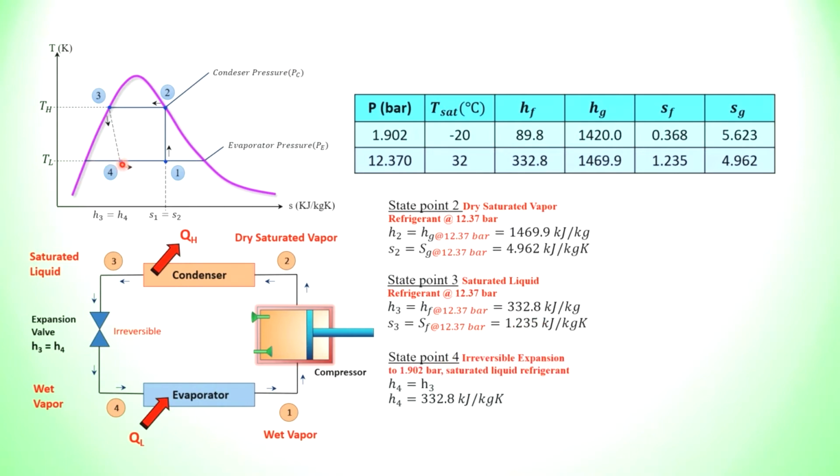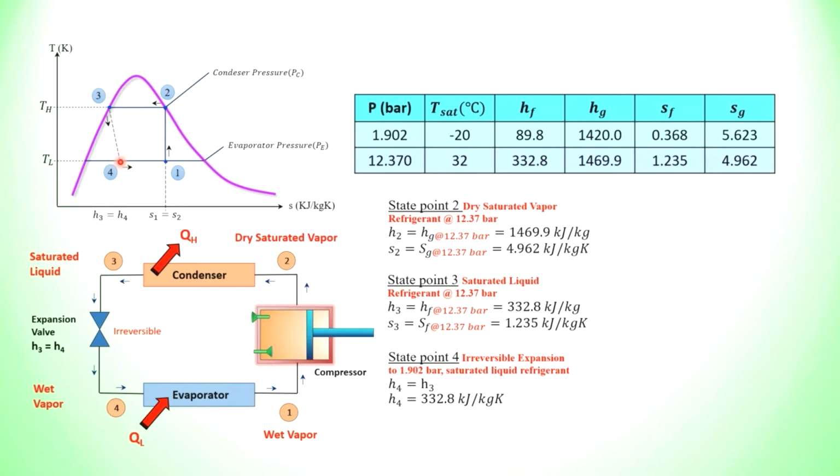Then state point 4, that is this. Remember, 3 to 4 is an irreversible expansion process or a throttling process. So according to an irreversible throttling process, the enthalpy is constant. I have written here, irreversible expansion to 1.902 bar, that is this pressure here.